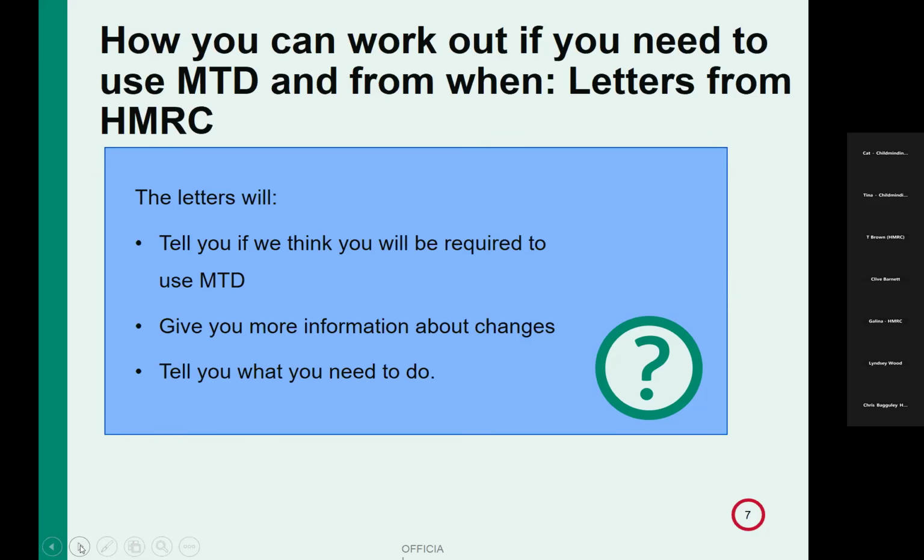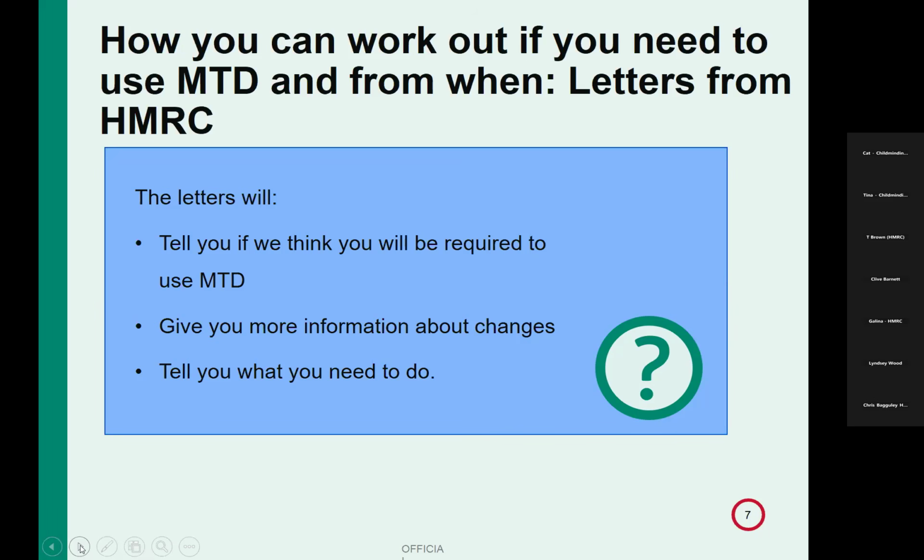In other words, put that in less jargon, you may already know roughly what your gross turnover is. And therefore, if you do, you could take steps to prepare in anticipation. Throughout the tax year, you can consider your current and projected gross income from self-employment and property and decide if you're legally required to use MTD and from when. Then, when you submit your tax return by 31st of January, that will confirm what you may have already assessed to be the case. Okay, so that's one means by which you can work out if you're affected and when.